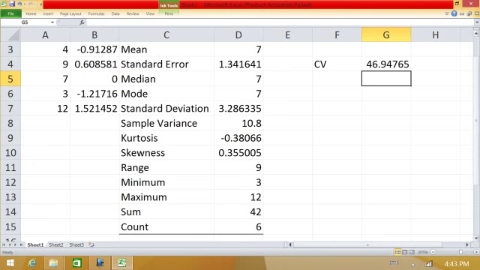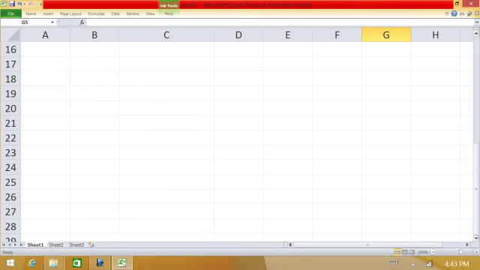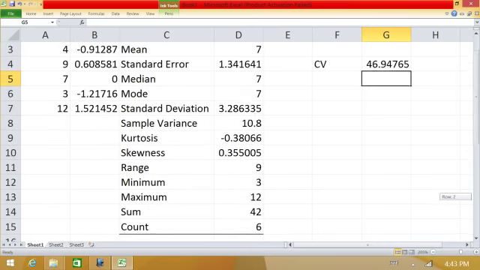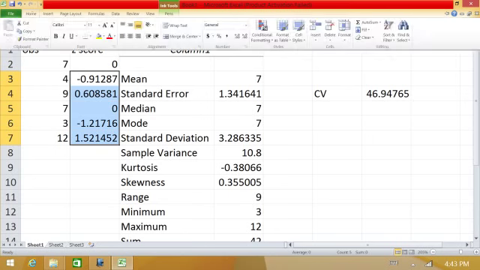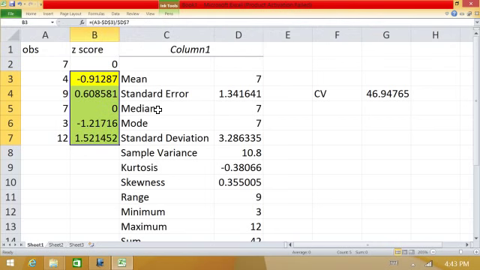We haven't talked about skewness and kurtosis, but we'll be doing it shortly. So again, the z-score is in this table. We can color it in yellow.